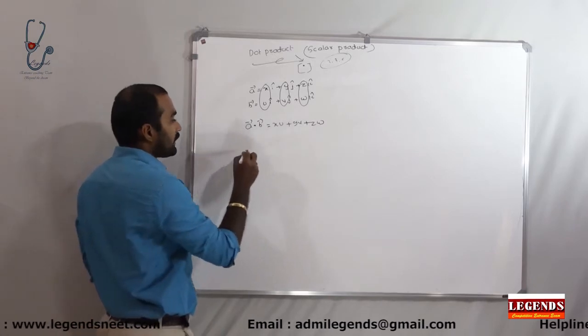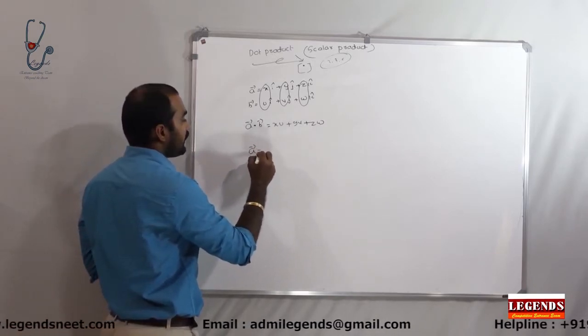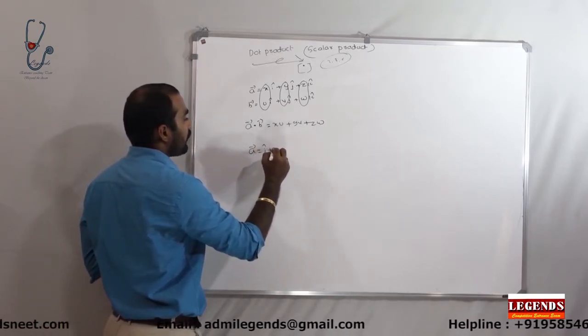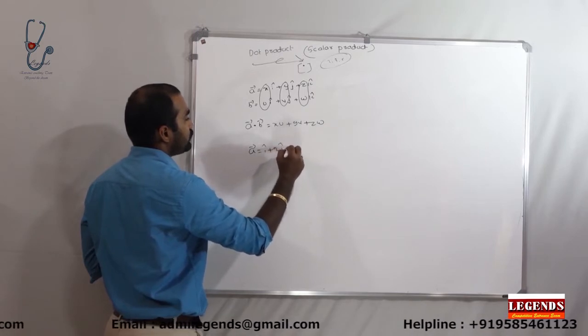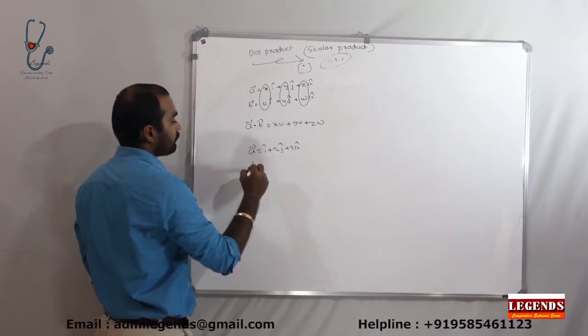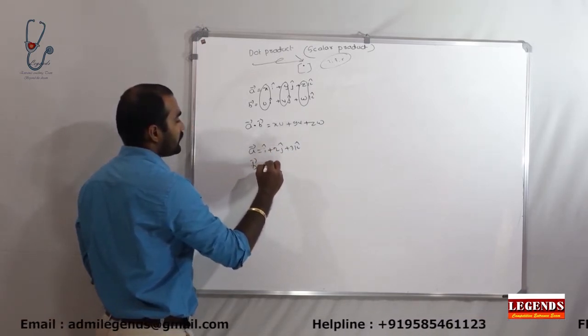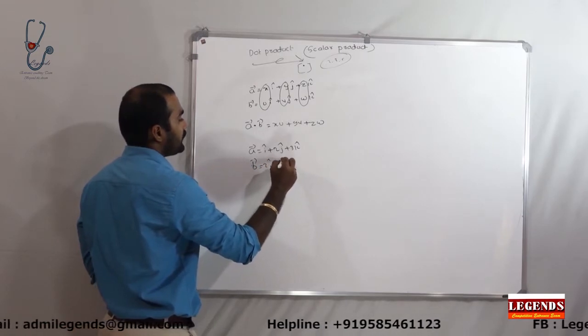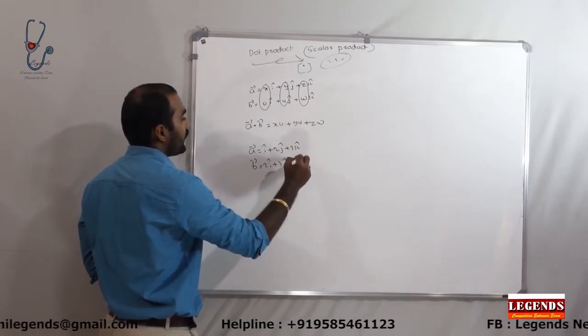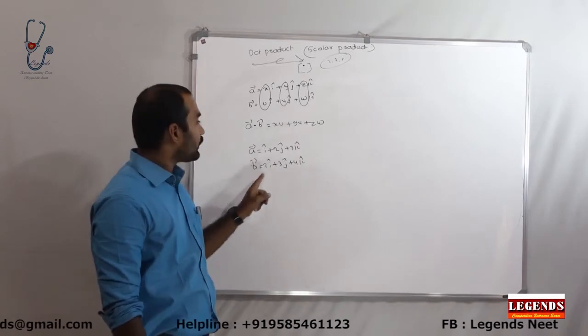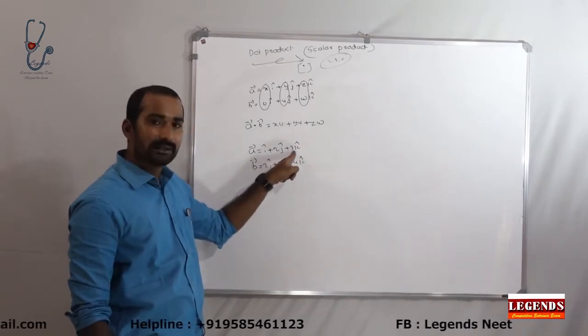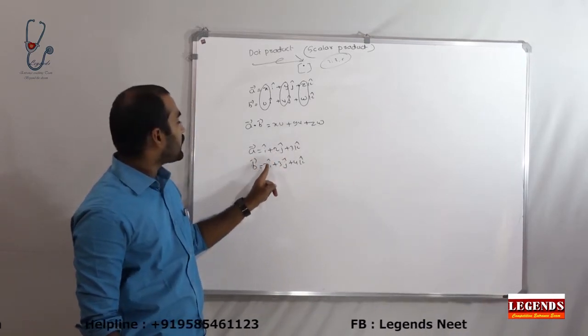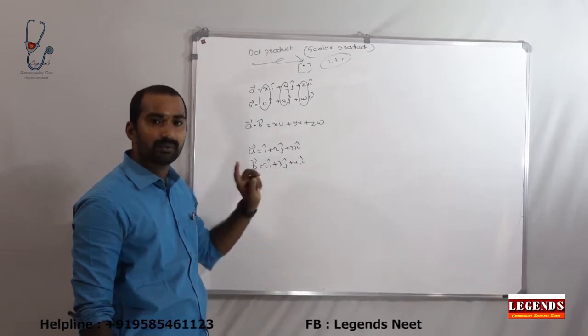For example, I am taking the vectors a = i + 2j + 3k and b = 2i + 3j + 4k.